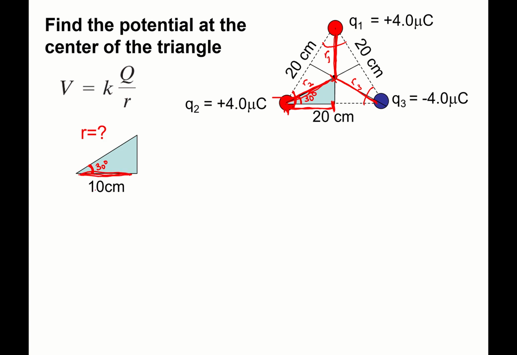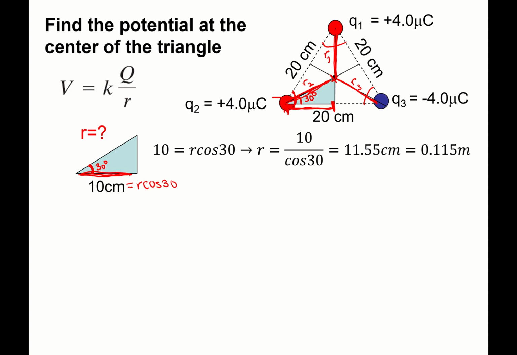So 10 centimeters is equal to R cosine 30. So that means that R is equal to 10 divided by cosine of 30, or 11.55 centimeters. And so that's 0.1155 meters. And I'm going to leave it with all those significant figures as I do my calculation.